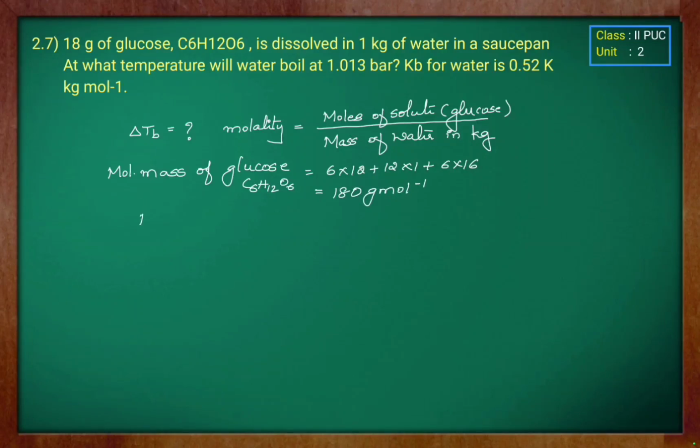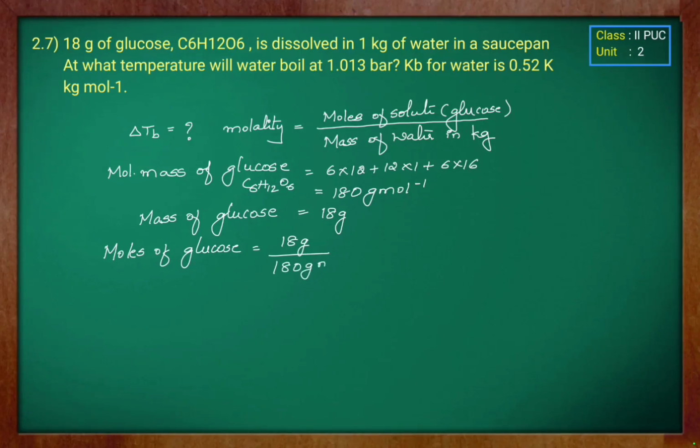Now, the mass of glucose is required. They have given it in the question. Mass of glucose is equal to 18 grams. So we can calculate the number of moles of glucose. Moles of glucose is equal to its mass, that is 18 gram, divided by molar mass, that is 180 grams per mole. Simplifying this, 18 divided by 180, we get 0.1 moles.